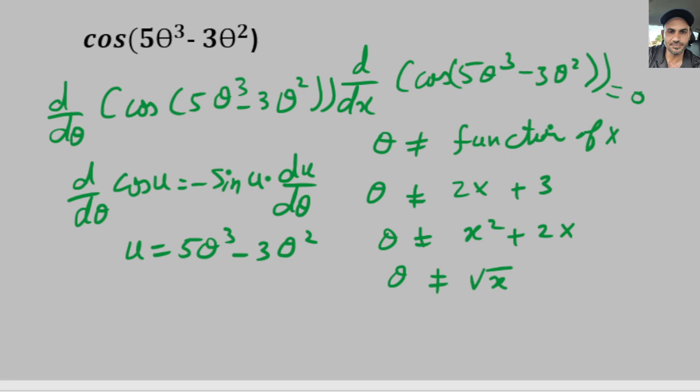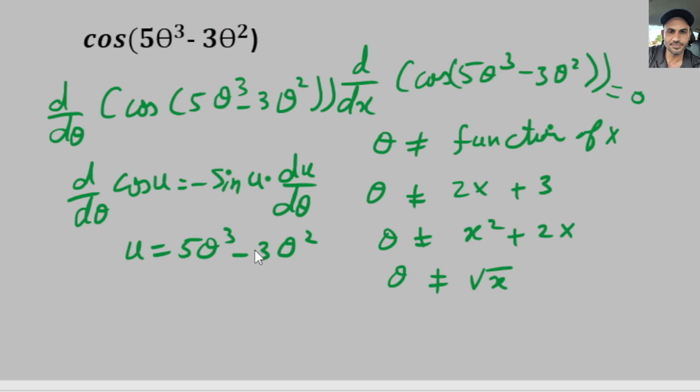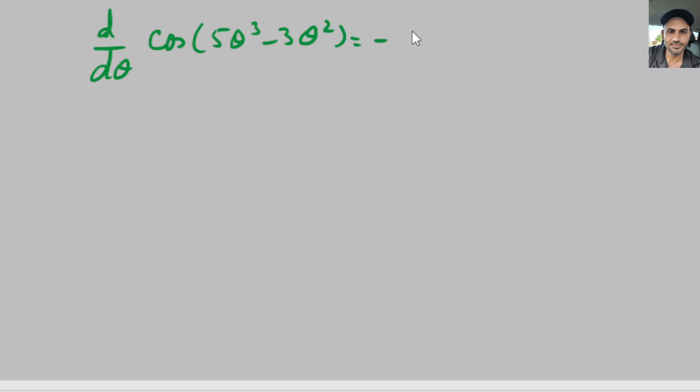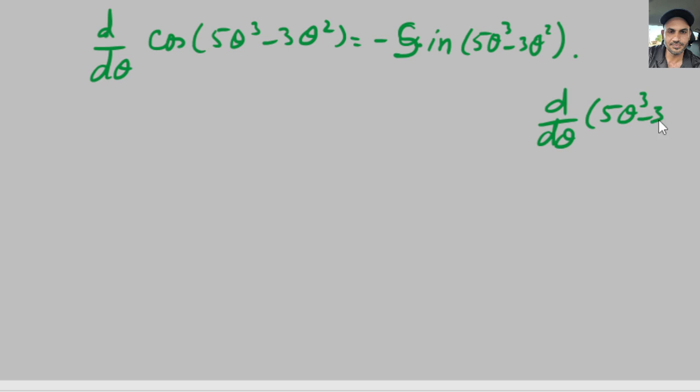We get d over d theta of cosine of 5 theta cubed minus 3 theta squared equals negative sine of 5 theta cubed minus 3 theta squared, times d over d theta of 5 theta cubed minus 3 theta squared.